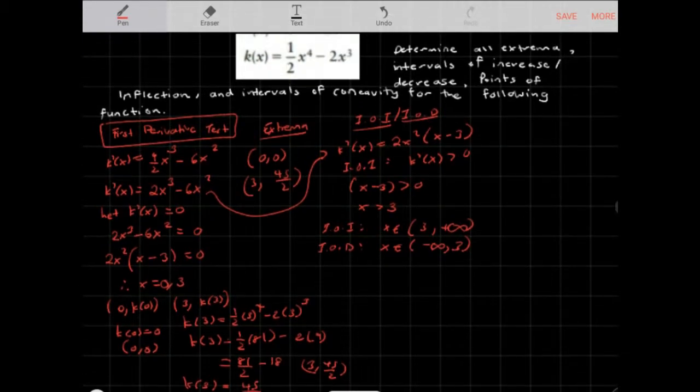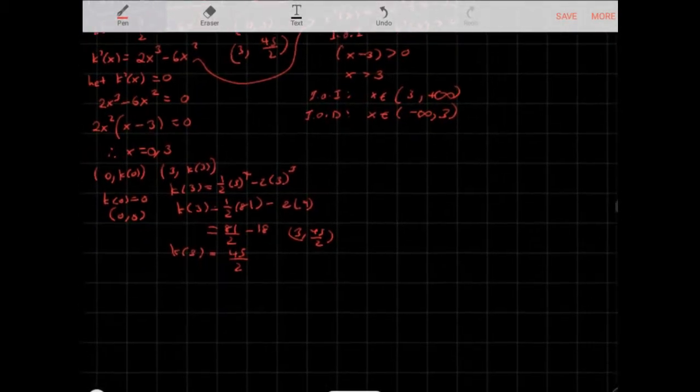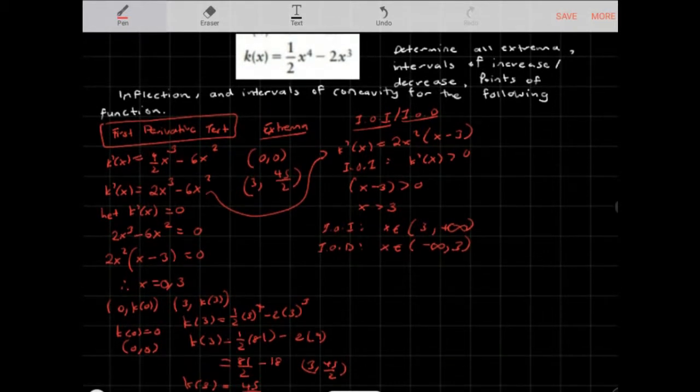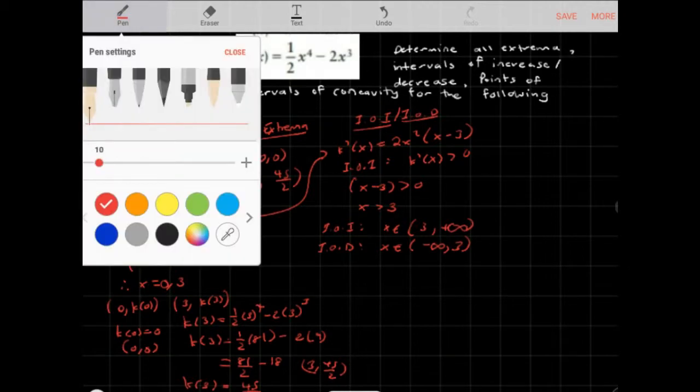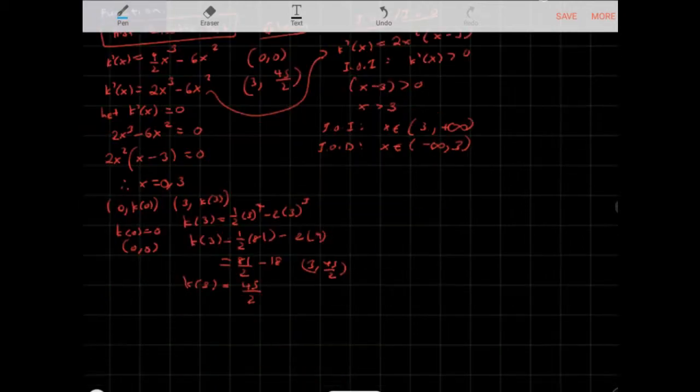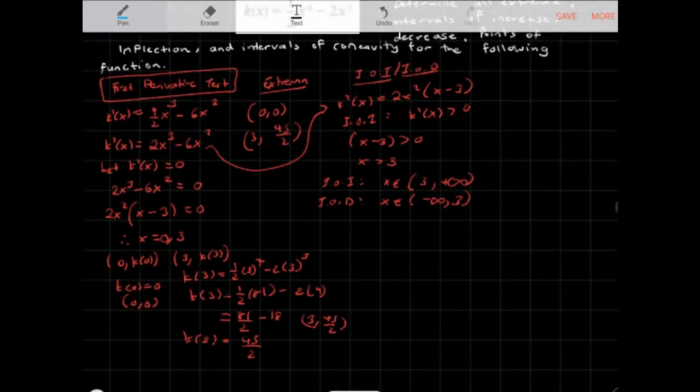Now let's shift gears, and this time we're going to be looking at intervals of concavity. If we're looking at intervals of concavity, we first need to figure out our point of inflection. So let's do our second derivative test.